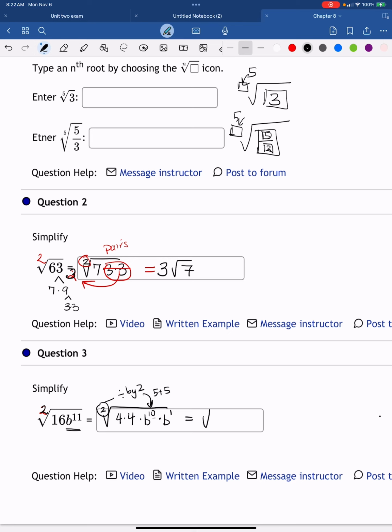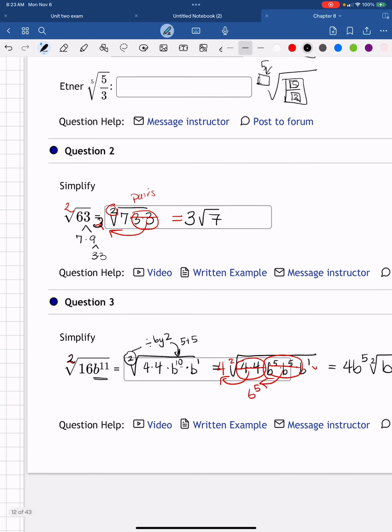So I'm going to rewrite this one more time as 4 times 4, b to the 5th times b to the 5th times b to the 1. And now I'm ready to collect. There's 2 of these b to the 5ths, so I pull out a b to the 5th, and I'm left with just that one b to the 1. And so this becomes 4b to the 5th times the square root of the single b.